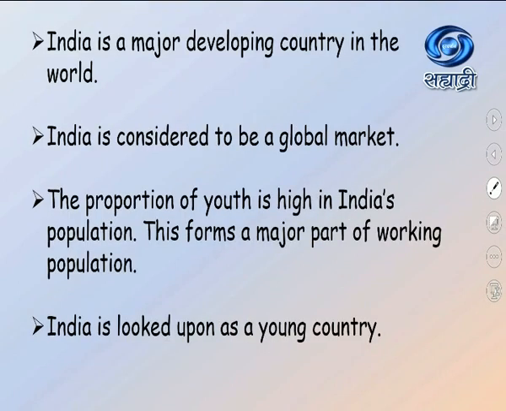India is a major developing country in the world. India is considered to be a global market. The proportion of youth in India's population is very high. This forms a major part of the working population. India is also looked upon as a young country as its youth population is very high.